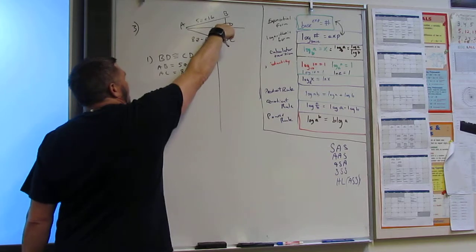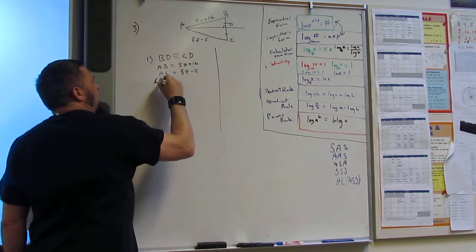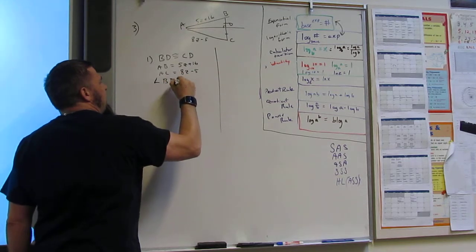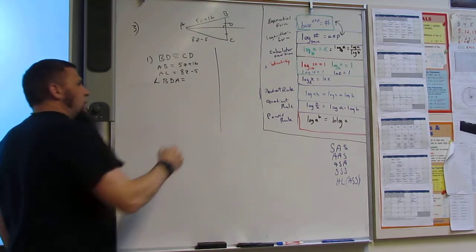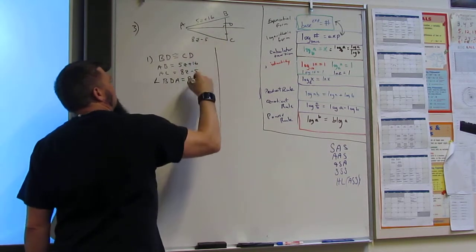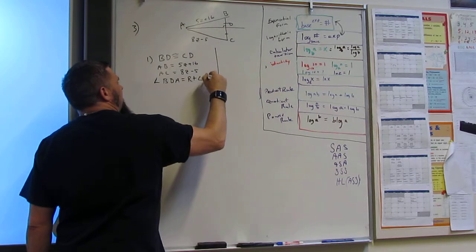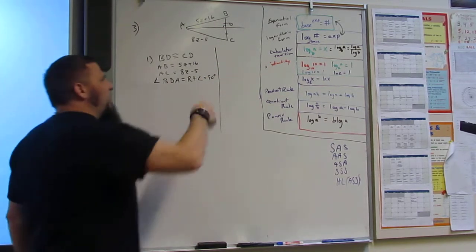And we also know that angle BDA is what? A right angle. It's equal to 90 degrees. And that's all because it's given.